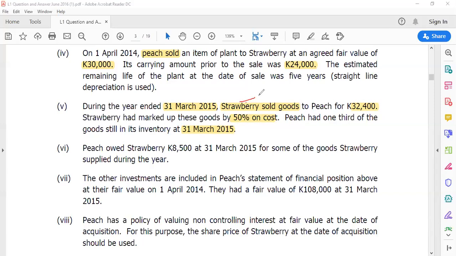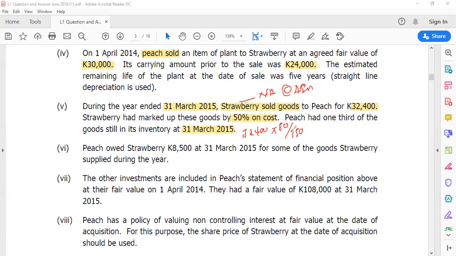So simply think about it, net assets at acquisition, because the sub sold. The goods were worth 32,400. What was the markup? The markup was 50%. 50 over 150. Are you seeing that?